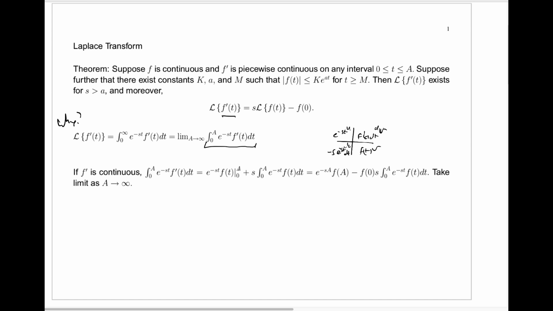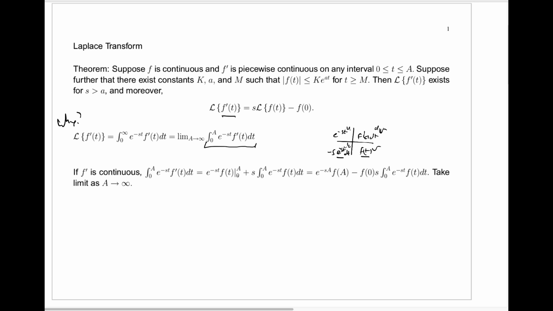So this integral is just the product on the diagonal, e to the minus st times f of t, evaluated from 0 to a, because it's the definite integral, plus the integral along the bottom, which has this s that we can pull out, times the integral from 0 to a of e to the minus st times f of t. Remember, we subtract, which cancels the minus sign there, so it becomes a plus.